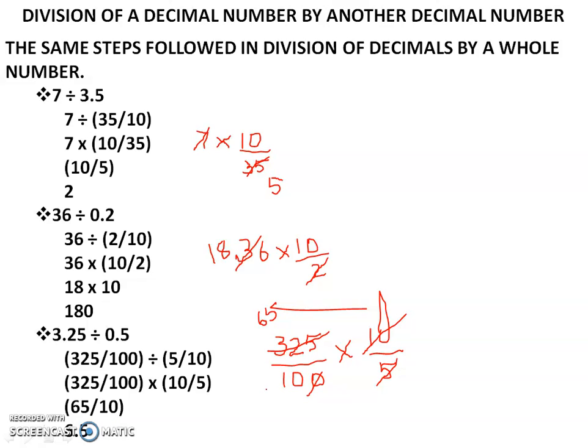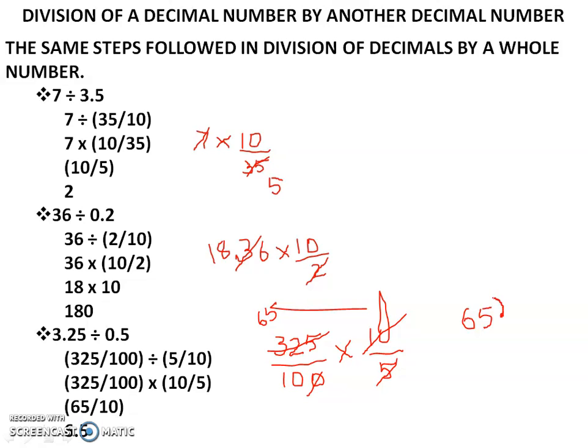How will you write 65 by 10? 65. Where is the decimal point for a whole number? It is at the extreme end. Isn't it? So when you are dividing it by 10, the decimal point will shift to the left by how many places? 1 place.